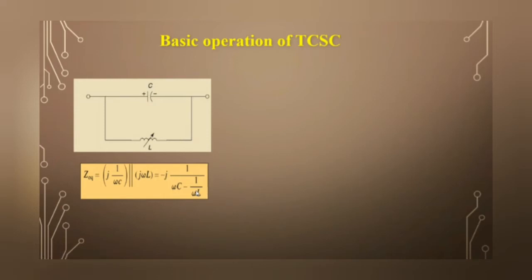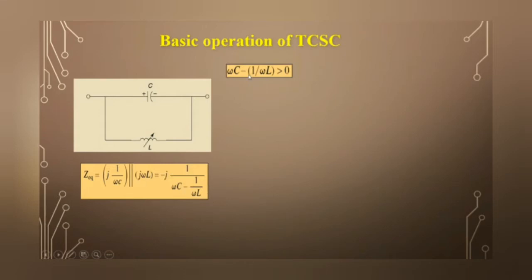Now there are three conditions here. If only the fixed capacitor is present in your transmission line, meaning there is no inductive reactance, then you will get Z equivalent equal to minus j 1 upon omega C.